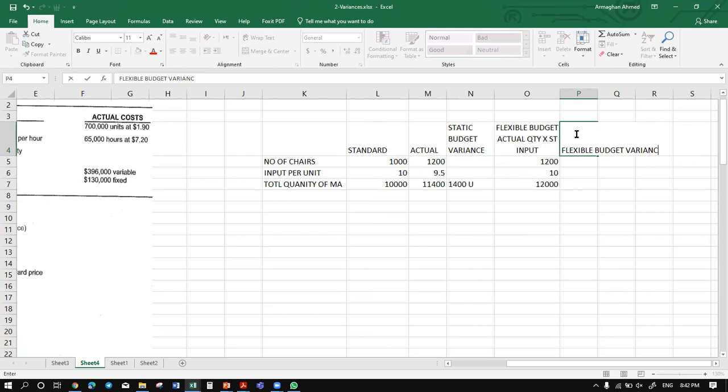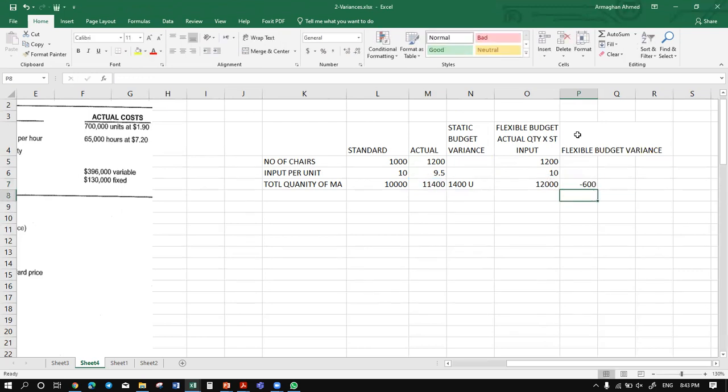If I calculate the flexible budget variance, how much is that? 11,400 minus 12,000.